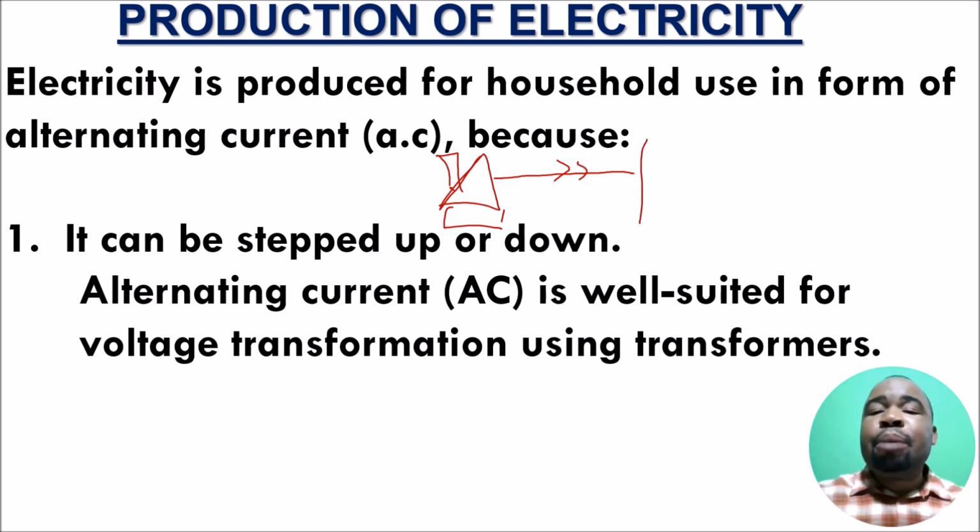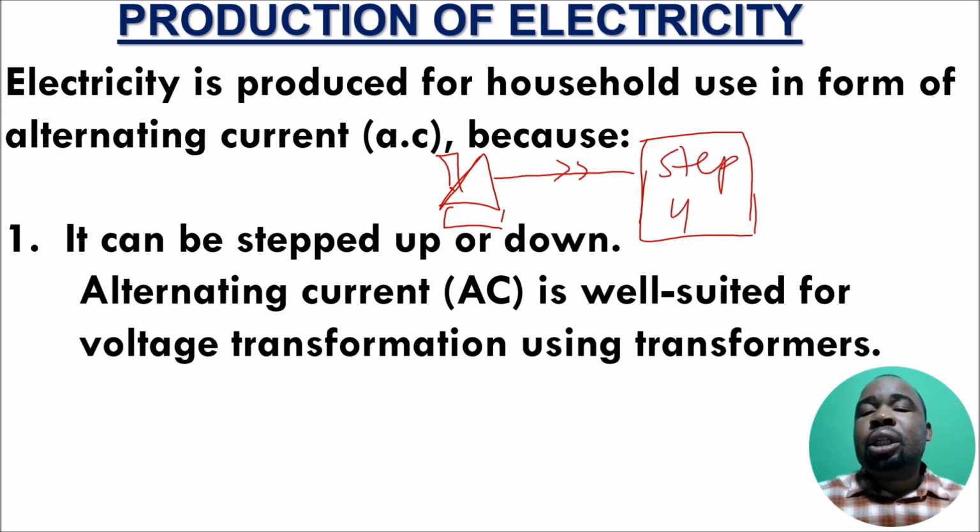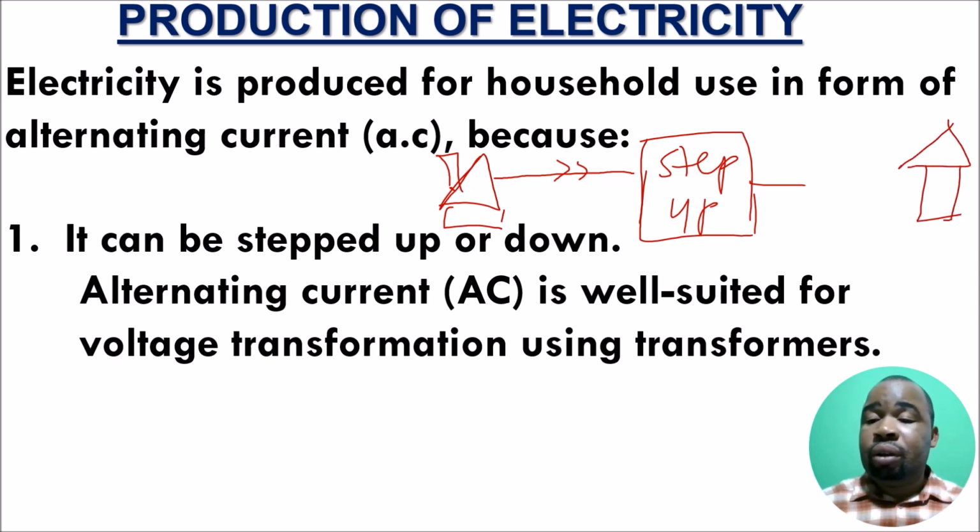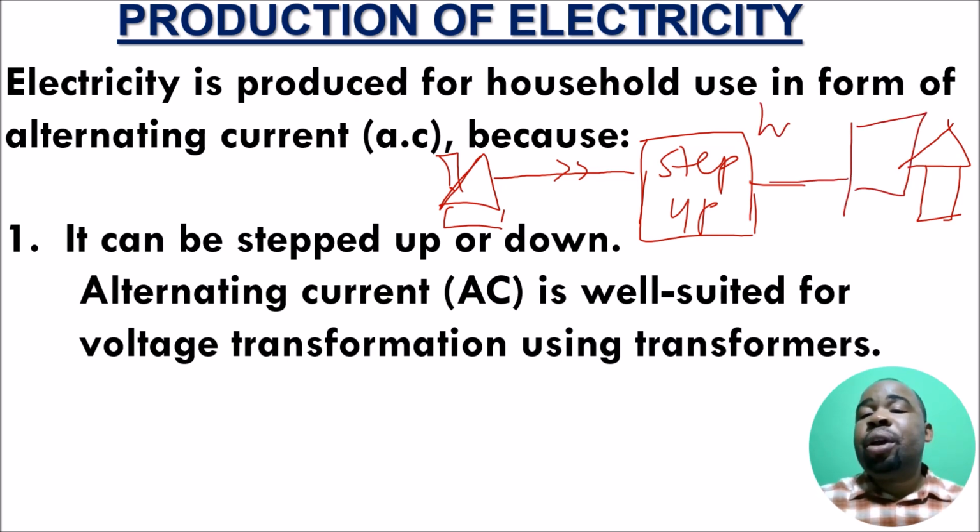So we need substations where we are going to do what is called stepping up, to cater for the losses. So we need step up transformers. Then when we come to consumers, this is your house where you need to use electricity. We are getting to consumers with very, very high voltage in the line.